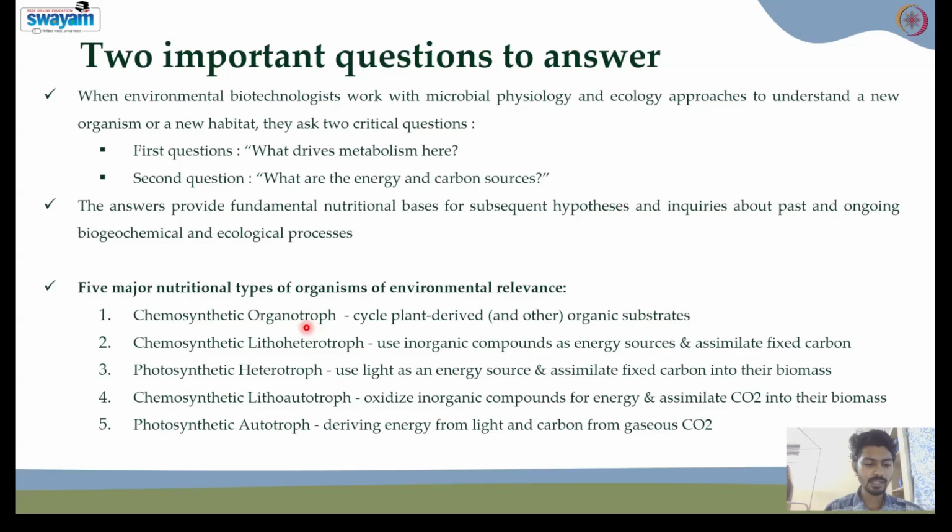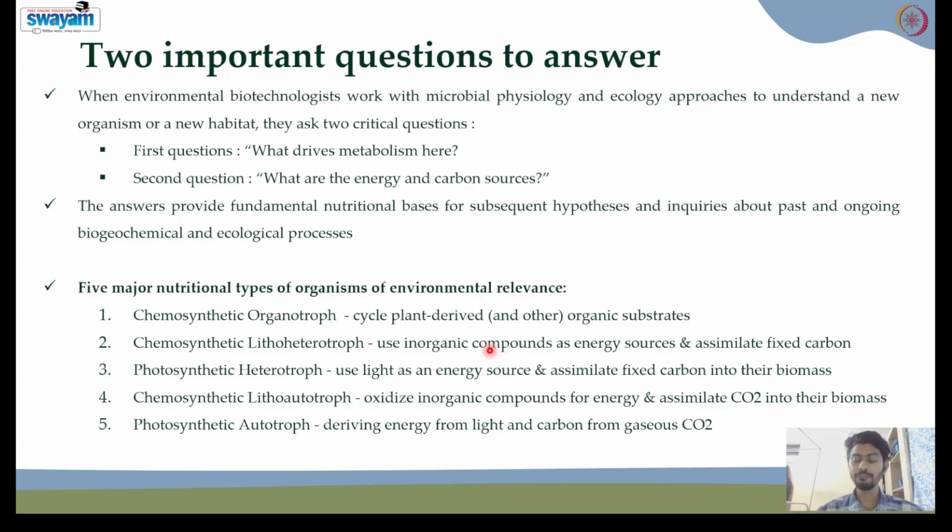Chemisynthetic organotrophs use organic compound as both the energy source and the carbon source. And the chemisynthetic lithoheterotrophs, what happens here? They use inorganic compound as the energy source and organic compound as the carbon source.